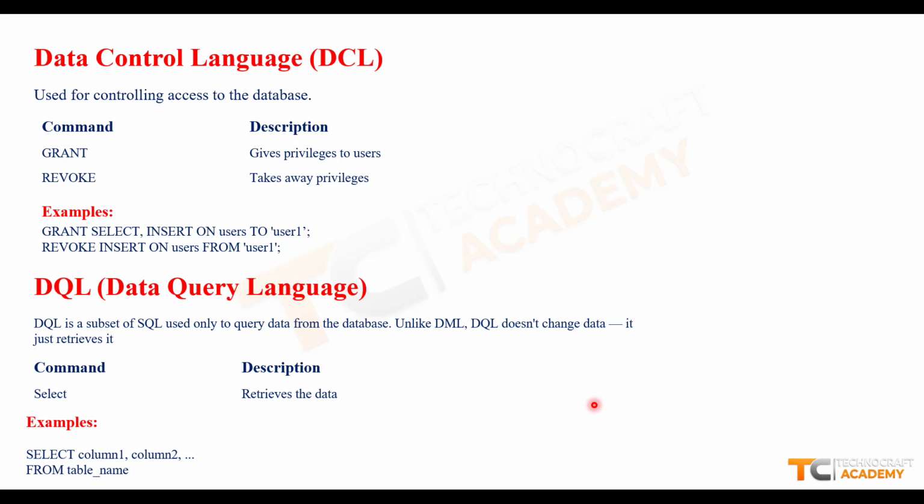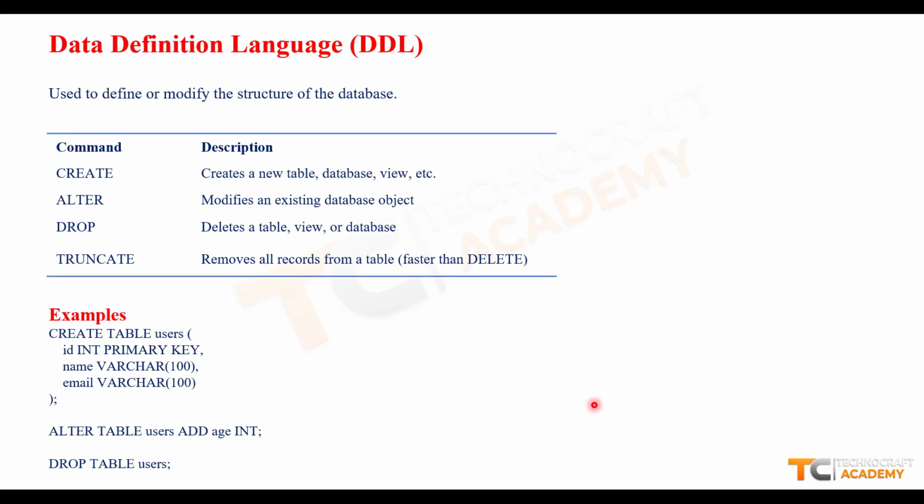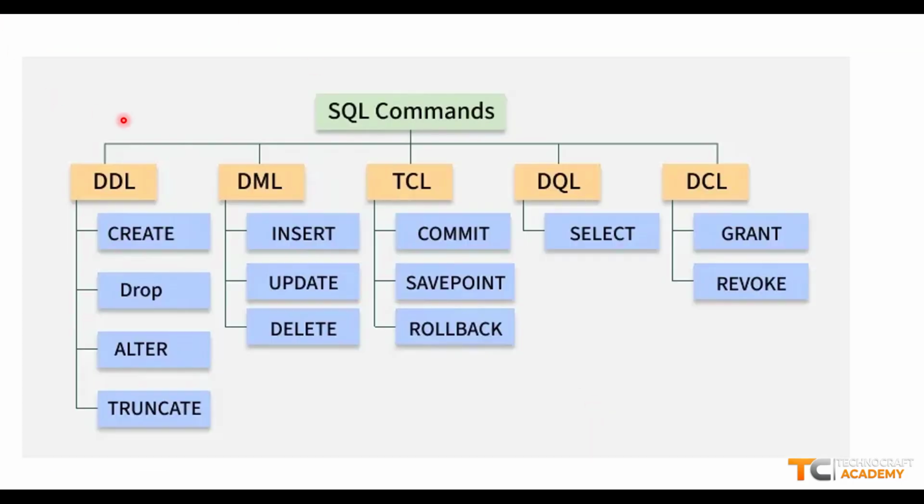Let me once again summarize. We have 5 different types of SQL commands. DDL, which is data definition language: we have create, drop, alter and truncate. Then the next one, data manipulation language, which has 3 commands: insert, update, delete. The next one is TCL, transaction control language, where we have commit, save point, rollback and begin as well.